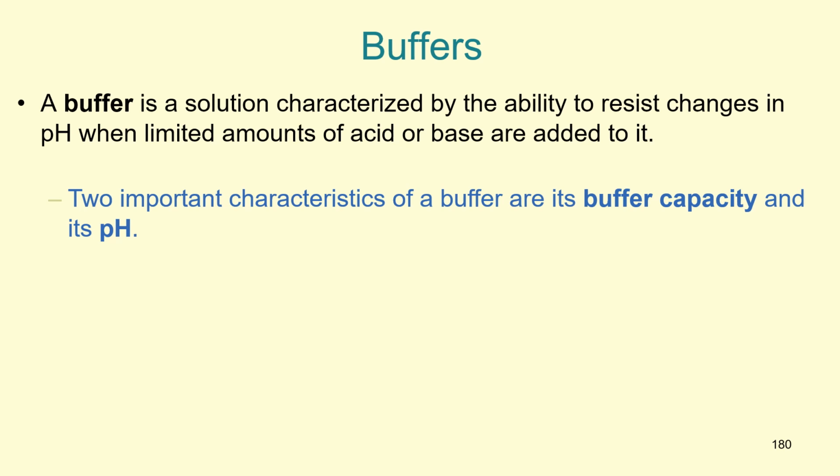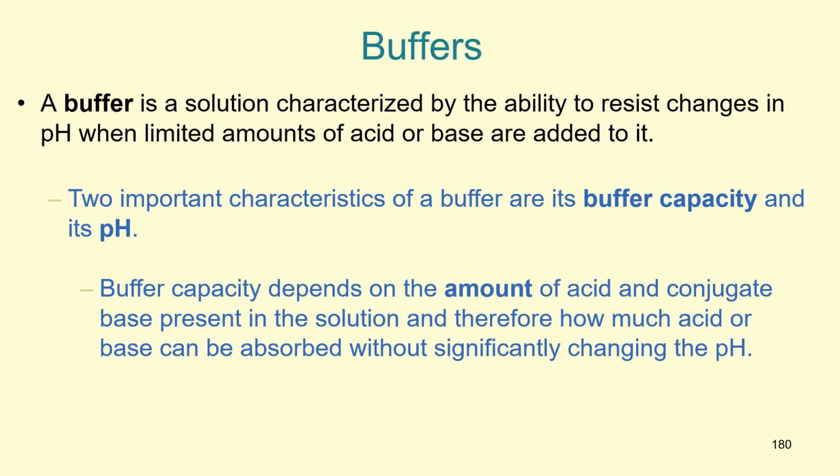A buffer has the ability to resist changes in pH when limited amounts of acid or base are added to it. There are two important characteristics: one is buffer capacity and one is pH. Buffer capacity is how much acid or base is present. In other words, how much of a buffer does it have?